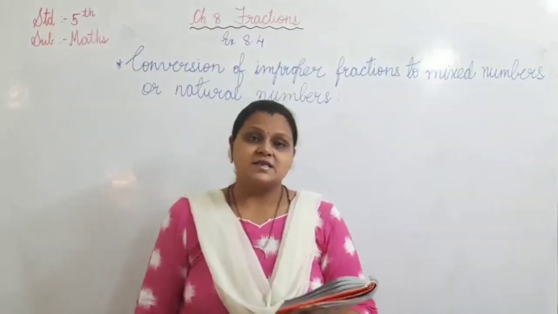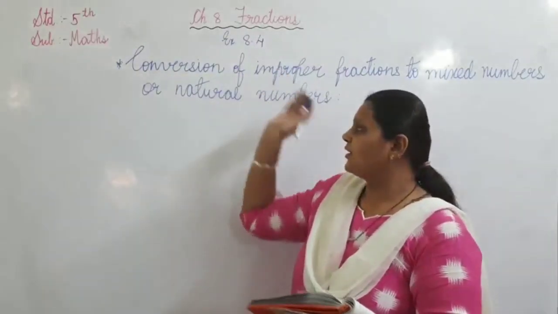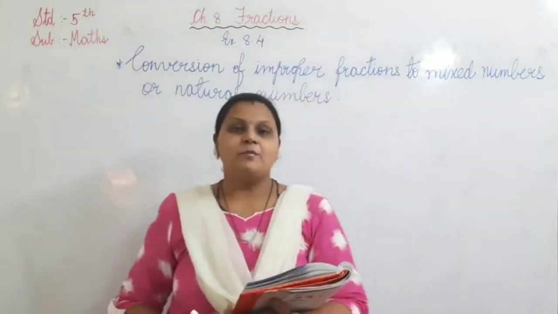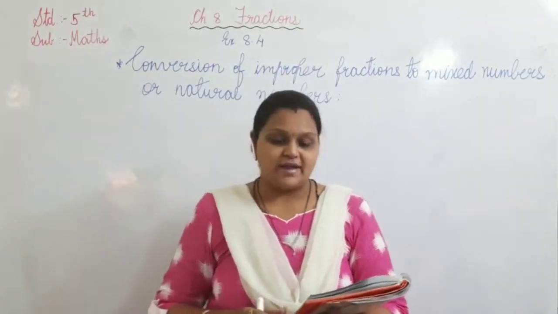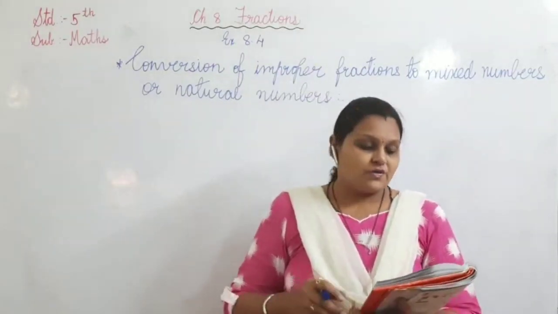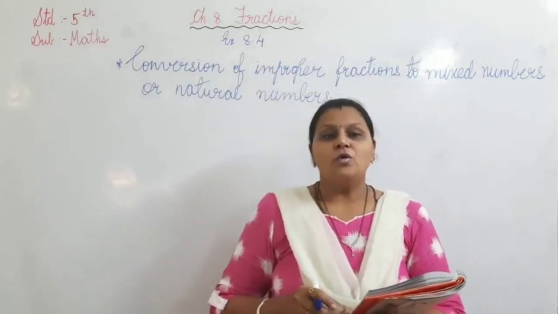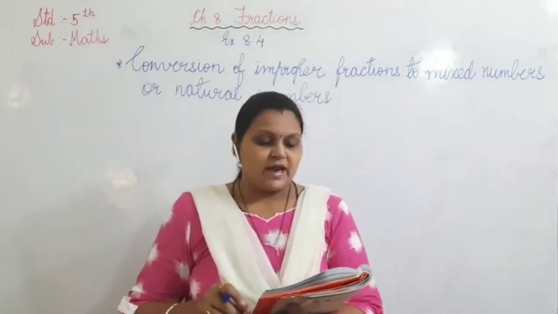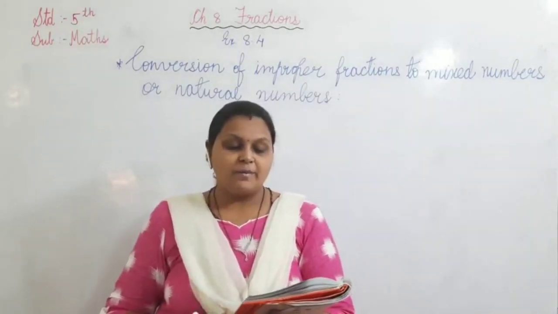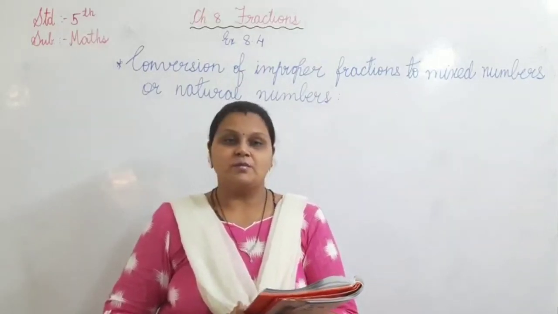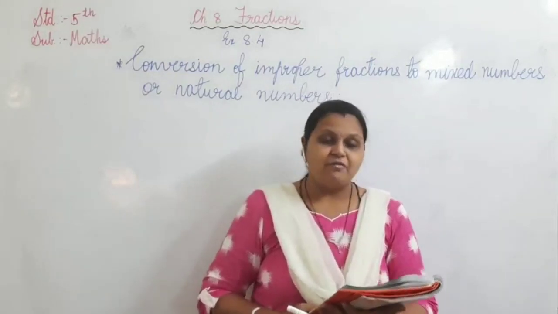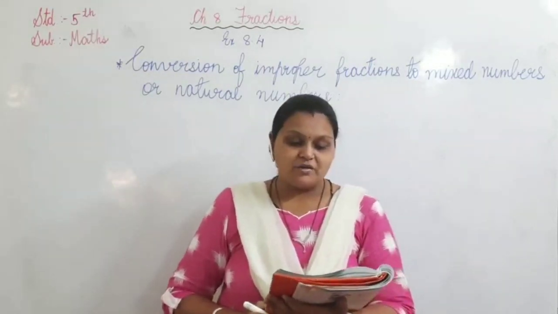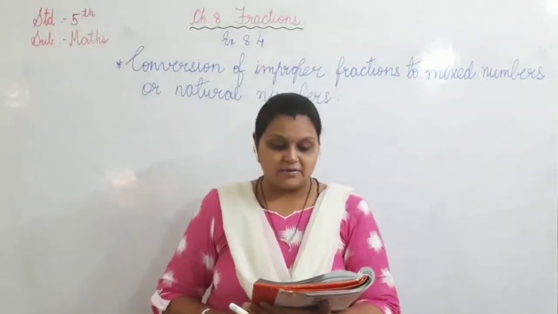Now the next exercise is exercise 8.4, conversion of improper fractions to mixed numbers or natural numbers. For this we have to follow a few steps. To change an improper fraction to a mixed number or a natural number, we will follow the steps. Step A: first, divide the numerator by the denominator.